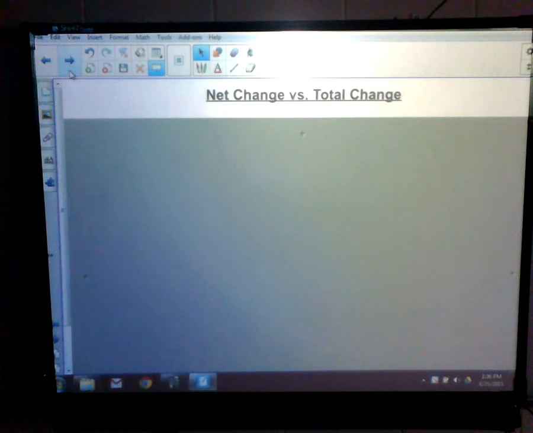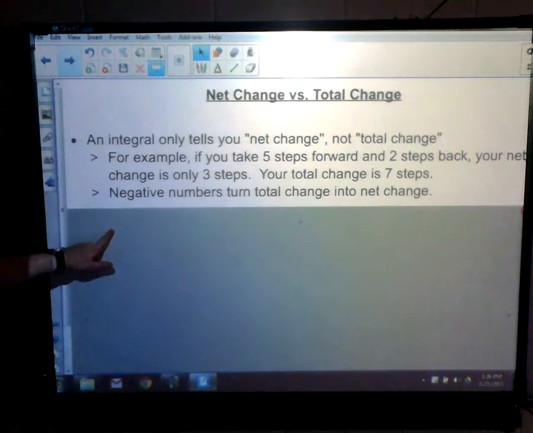Let's talk about net change versus total change, and I only bring this up because it's so commonly confused. An integral only tells you the net change, not the total change.